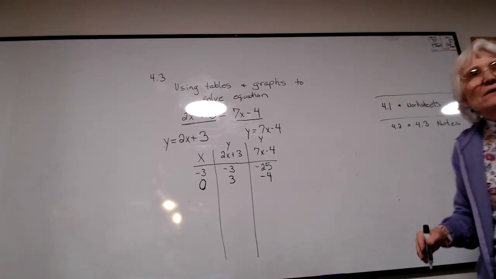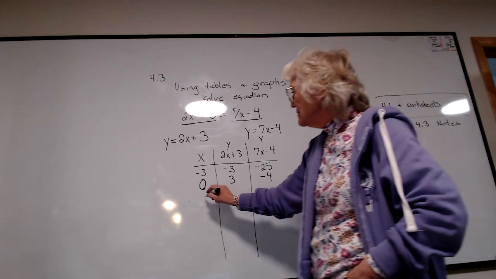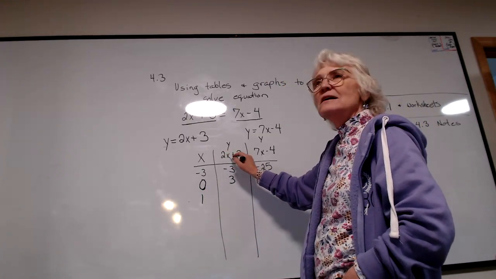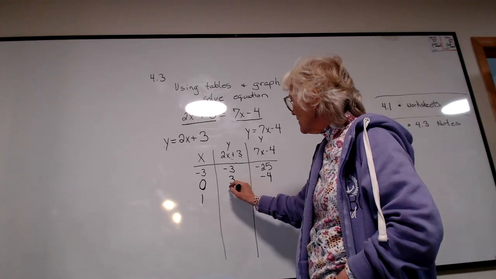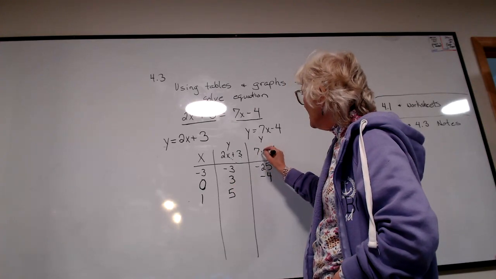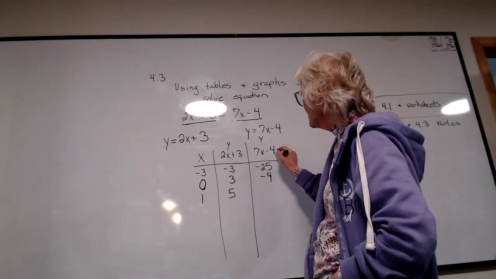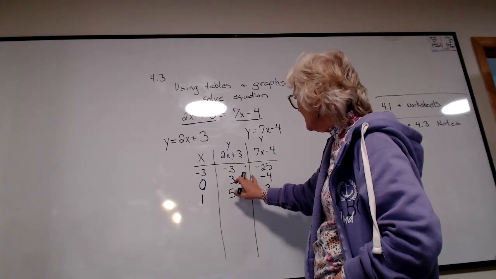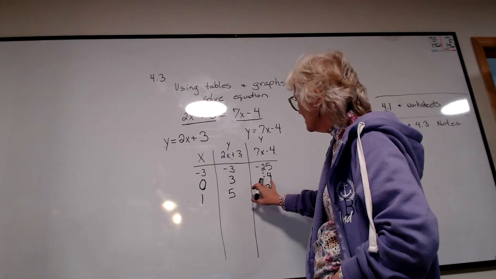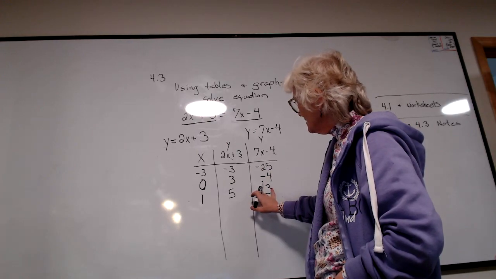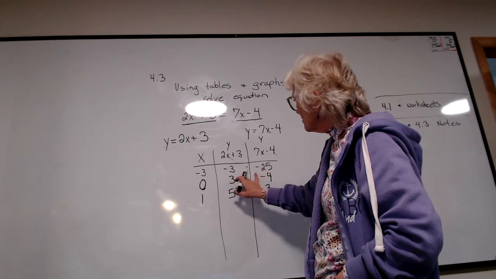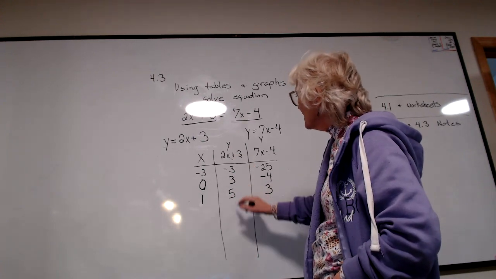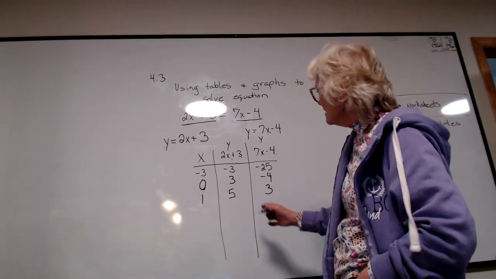So let's try 1. If I put 1 in, I get 2 plus 3, which is 5. If I put 1 in here, I get 7 minus 4, which is 3. Do you notice these numbers are still above those numbers? This looks closer.